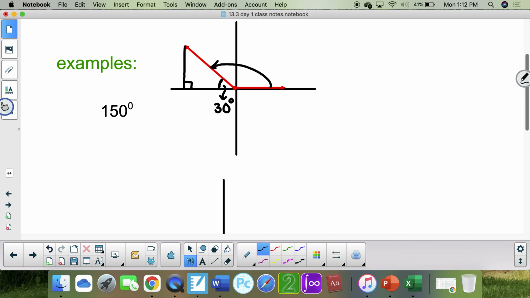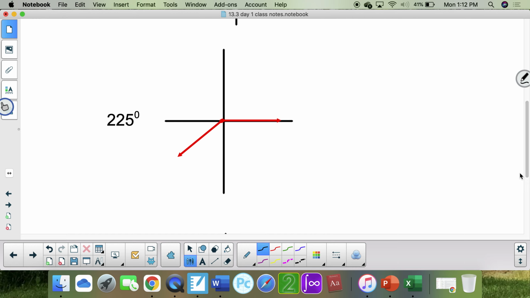Let's do another one. So the first part of the assignment, you have to recognize what a reference angle is. I graph 225, which is in this quadrant. Make your triangle. It always goes to the x-axis and never goes to the y-axis. I went past the 180 marker by 45 degrees, so that is the reference angle. It's always positive, and it's always less than 90 degrees.